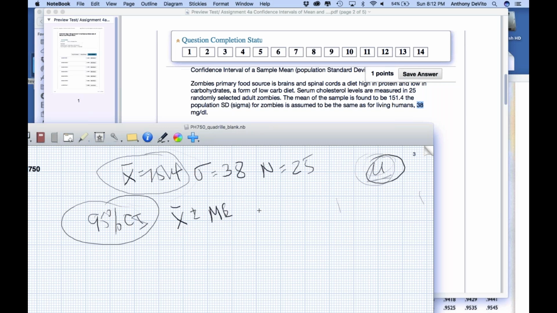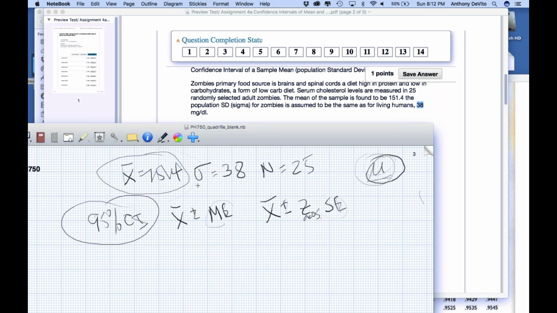So let's give that a try. So we know the margin of error is calculated this way. First we're going to put x bar plus or minus the z-score times the standard error, where the z-score represents a 5% chance of being wrong. Alpha is equal to 5%.